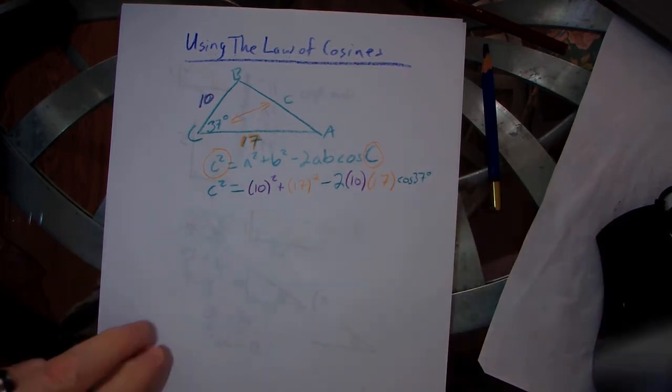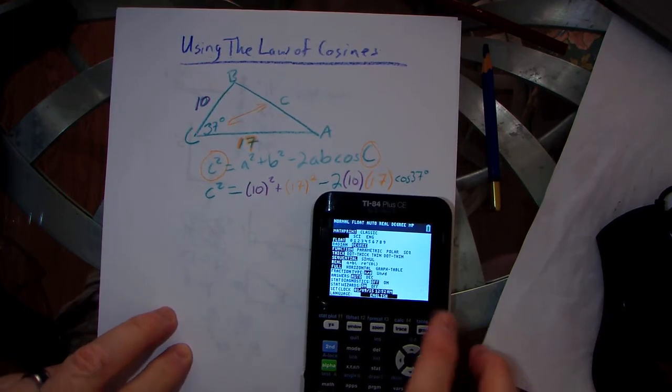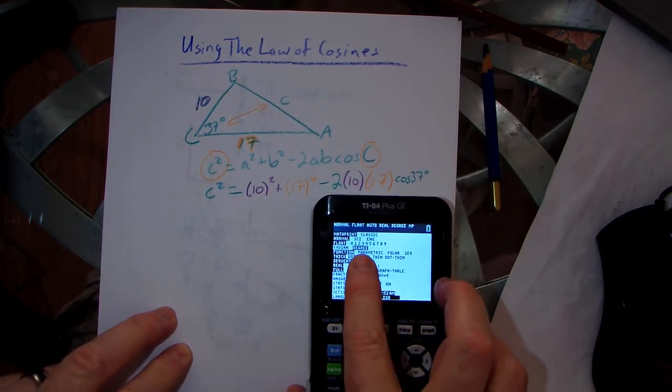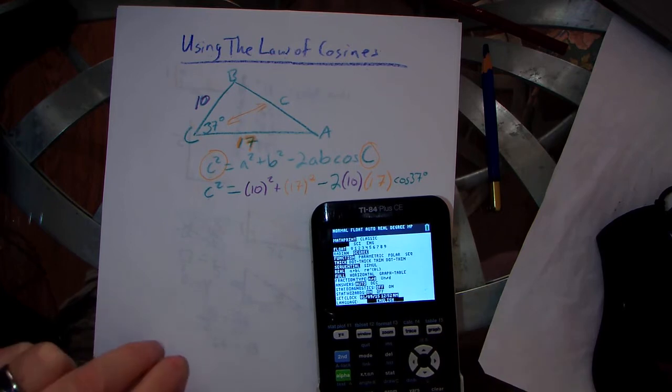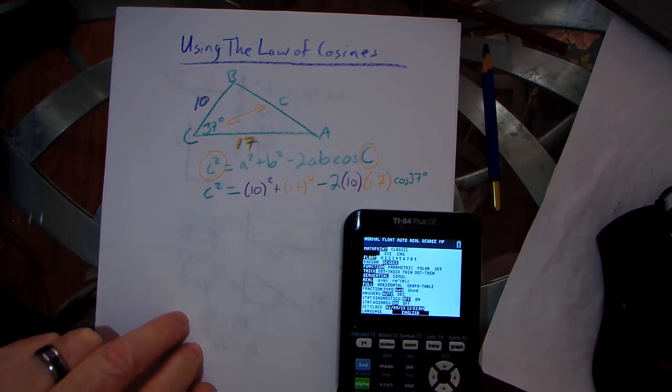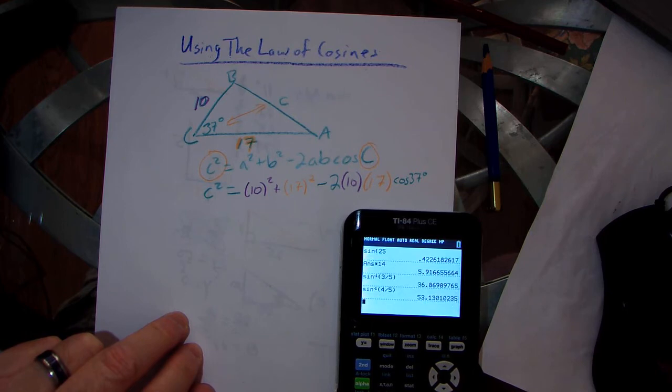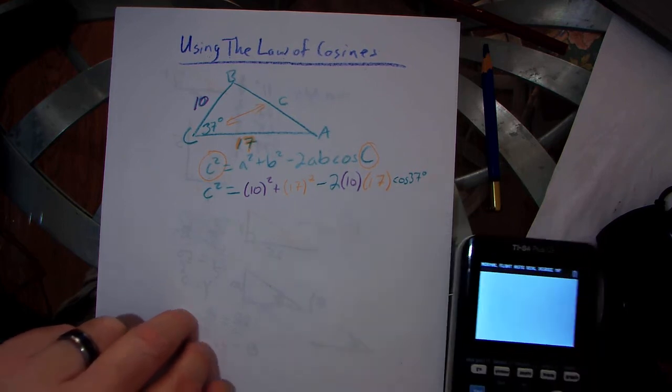Now the first thing we want to do is make sure that our calculators are in degrees. If you don't do that, you are definitely going to get this problem wrong, no matter what you do. But now I am sure that that is the case.